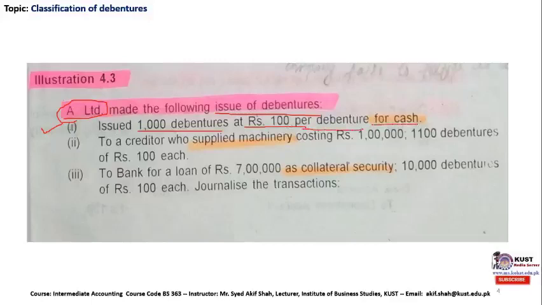So under the first case, the company has issued 1000 debentures at the rate of rupees 100 per debenture for cash. Let's discuss the first case and then read out the second one and make the entries. So how could we journalize the first case, which is issued 1000 debentures at rupees 100 per debenture for cash?